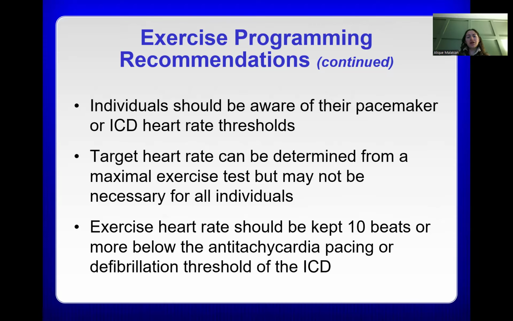Target heart rate can be determined from a maximal exercise test, but may not be necessary for all individuals. So take that as you will as the coach, individualizing everyone's plan. And then exercise heart rate should be kept 10 beats or more below the anti-tachycardia pacing or defibrillation threshold of the ICD. Hopefully they will know that and they will tell you so you can monitor that for them as they're exercising.